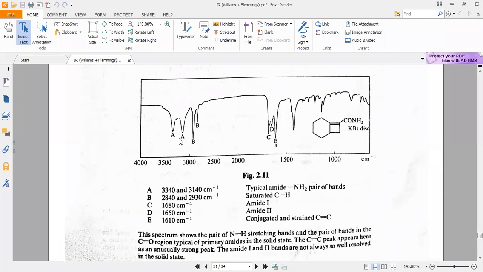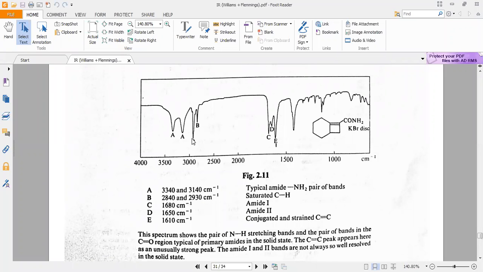Both appear due to the amide NH. The two hydrogens on nitrogen are different from each other. If you draw the resonance form, you will see one hydrogen is opposite to the carbonyl oxygen, and the other is at a close angle of about 30 degrees with the carbonyl. So they are distinct, and that's why they appear differently.